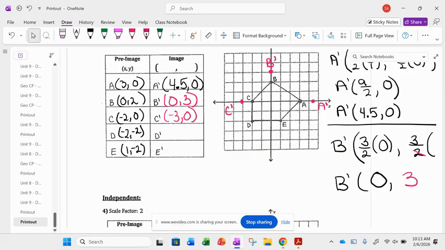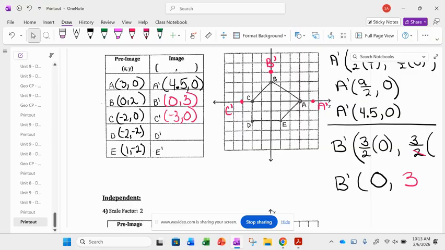So then what's negative 6 divided by 2? No, we're dividing. Negative 3, good.